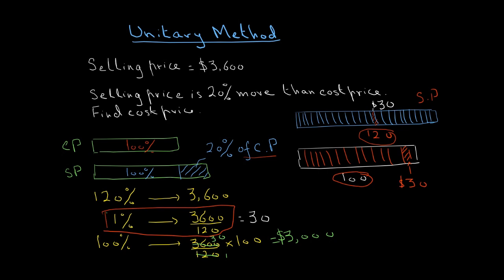The unitary method comes about because we think of what 1 unit means, and in this case 1 unit is worth $30, and then we could find out what we wanted based on this basic idea. So let's do another problem and hopefully it will be clearer.